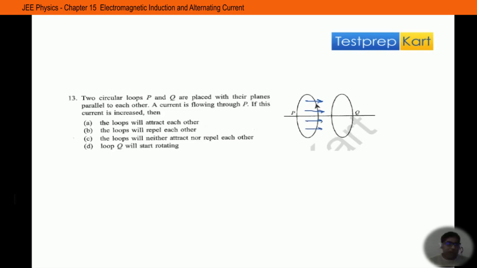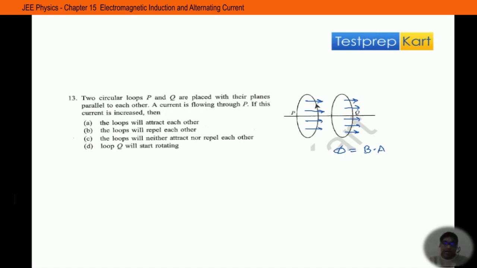Okay. Now as current passing through coil P is changing, there will be a variable magnetic field basically directed rightward in coil Q. And if magnetic field is variable, then it leads to change in flux, because flux is dependent on magnetic field. And if there is change in flux passing through a coil, there will be induced EMF.